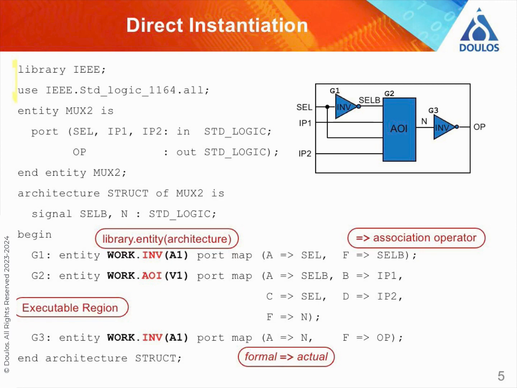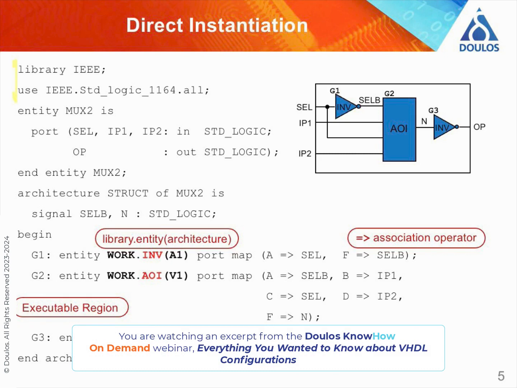So, for example, in G1, we've said we want to use the architecture A1, and we've also said what library we expect the entity to be found in. In this case, we're using the work library, and work just means the current working library. In other words, the same library that this file will be compiled into. So wherever MUX2 ends up, we're expecting that inv and AOI will be in the same library.